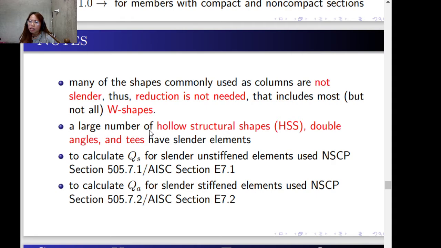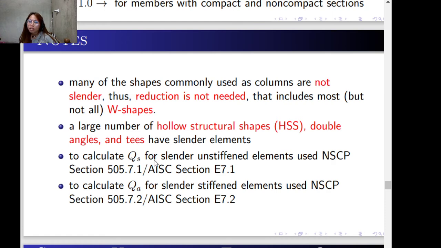But a large number of hollow structural shapes, or the HSS, remember the shape HSS, somewhat square or rectangle hollow, or double angles and T's have slender elements. So these shapes need the reduction that should be multiplied.